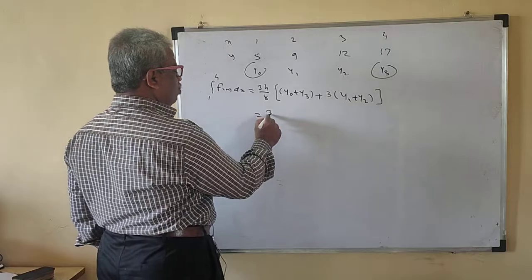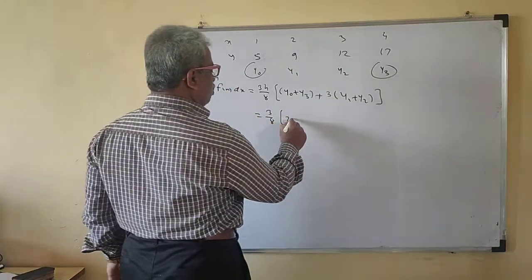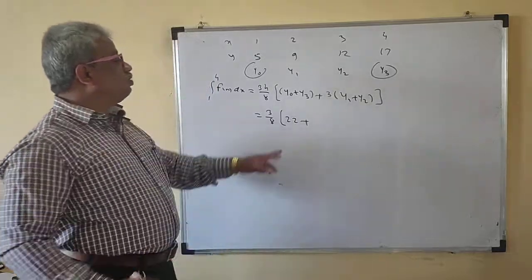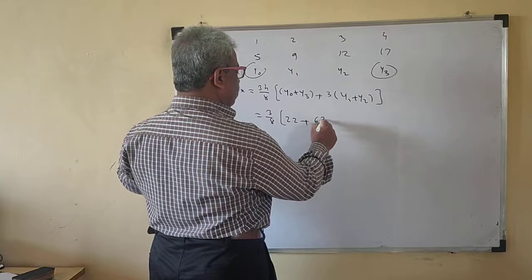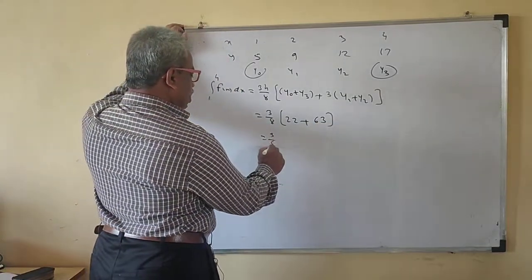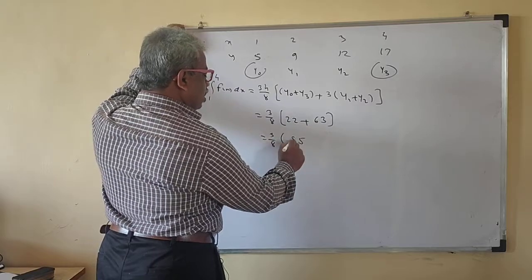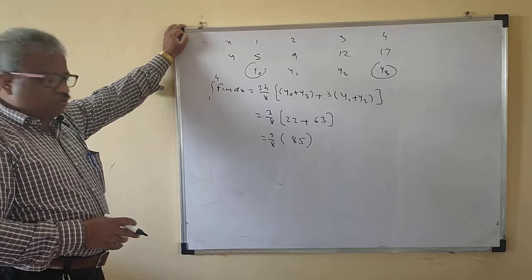Now this is your Simpson 3/8 rule. H is 1, so this is 3 by 8 times Y0 plus Y3, which is 22, plus 3 times Y1 plus Y2, which is 21, so 63. So this is 3 into 85 divided by 8. Do this multiplication.